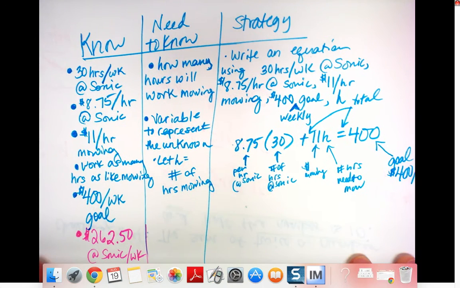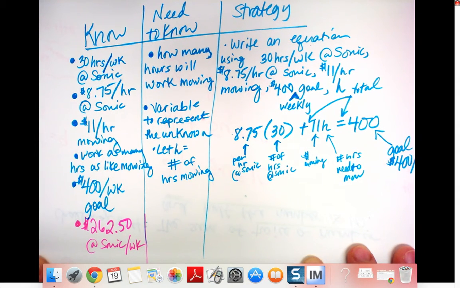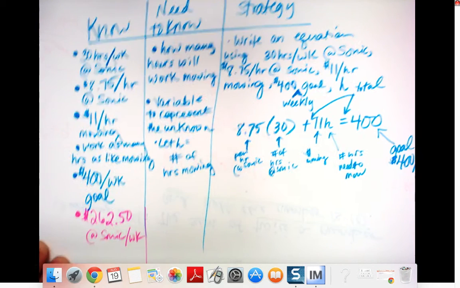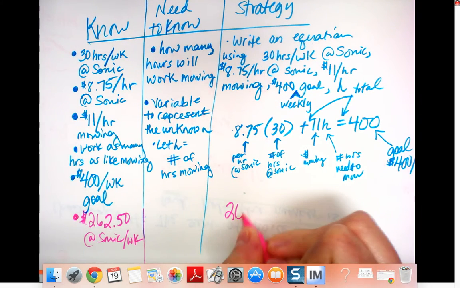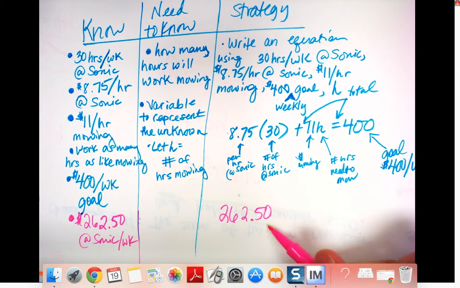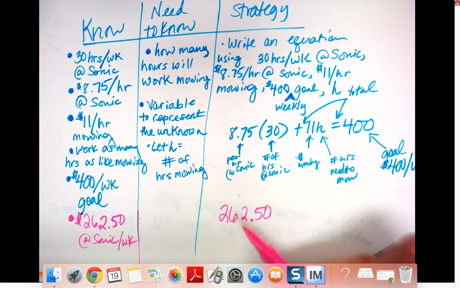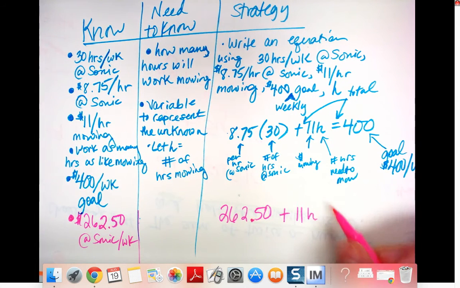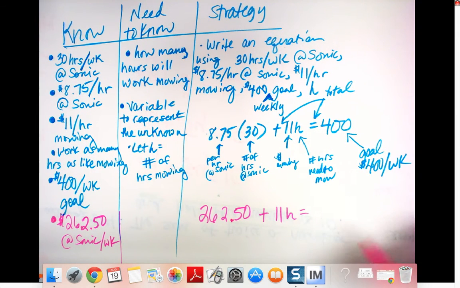Because if we know the amount of money we make per hour, and we know we will only be working 30 hours a week, then she said I can assume that I know how much money I will make at Sonic. So this particular student wrote hers like this. So she went ahead and put the $262.50 here, and then plus 11 times the number of hours mowing equals the 400.